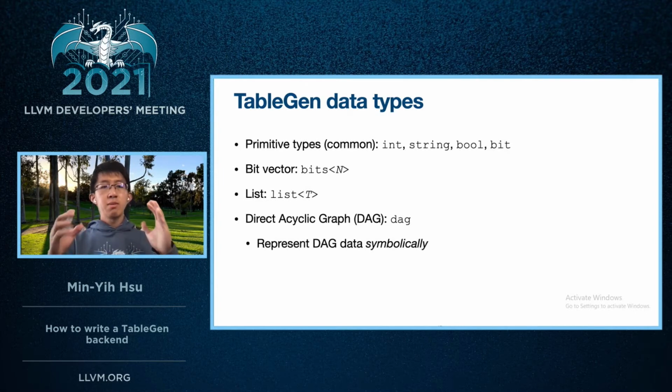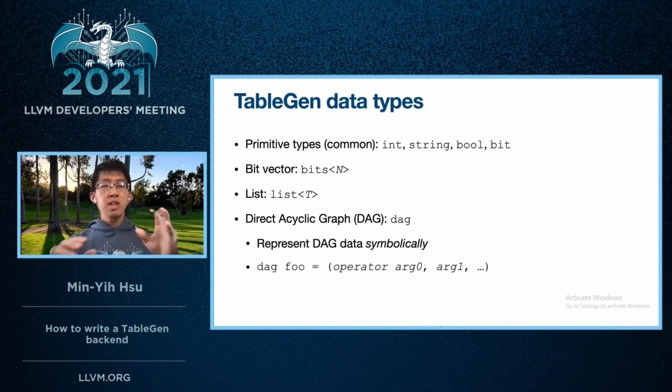This kind of data type is used to represent any data that can be represented as a directed acyclic graph, like expression trees. We will cover more examples of using DAG, but here we just introduce the syntax. It looks like a Lisp-style programming language, where you have a bracket, and the first element we call the operator, followed by a comma-separated list of arguments.